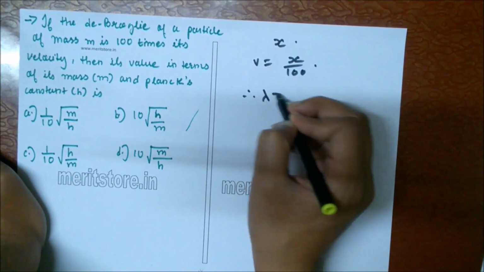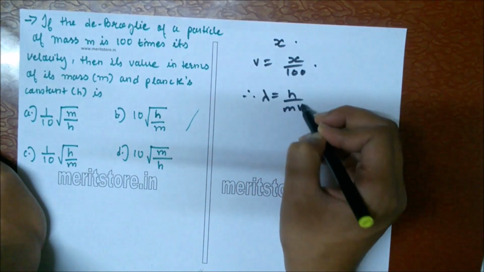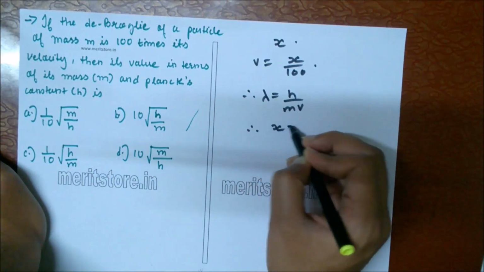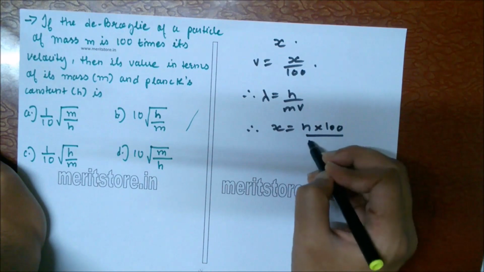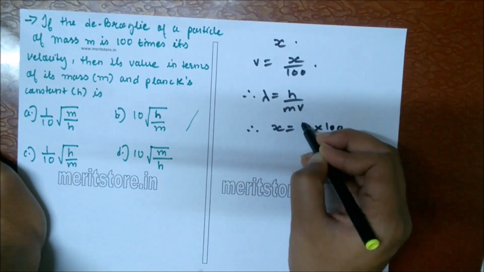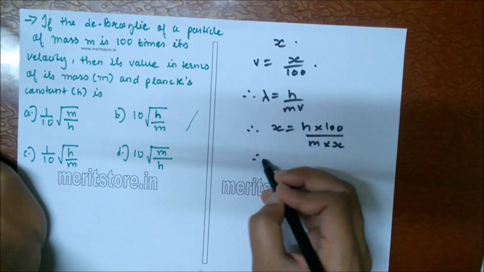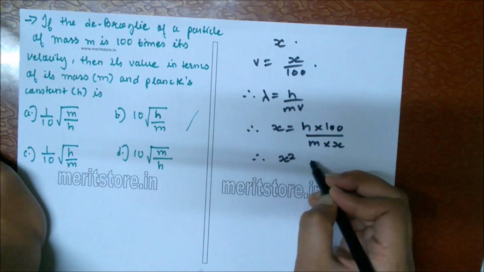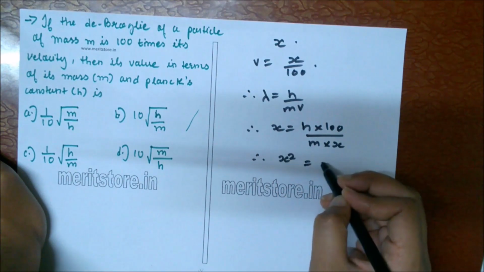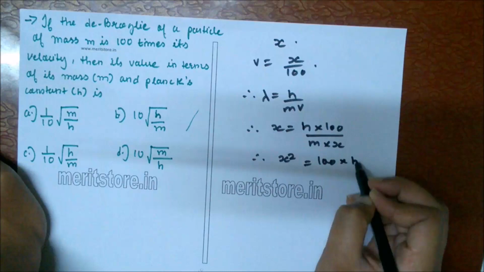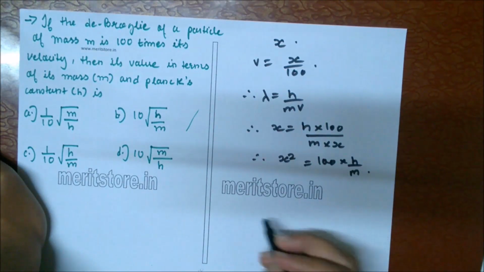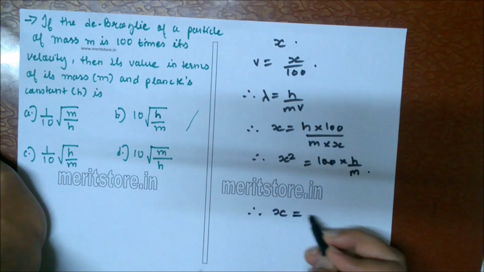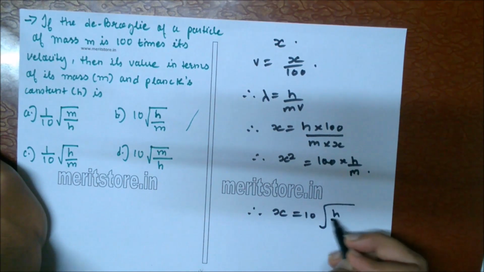We know that lambda is equal to h upon mv, so we can write this as x is equal to h into 100 upon m into x. Therefore, taking square on both sides, x square is equal to 100 into h upon m. Therefore, x is equal to 10 root of h upon m.